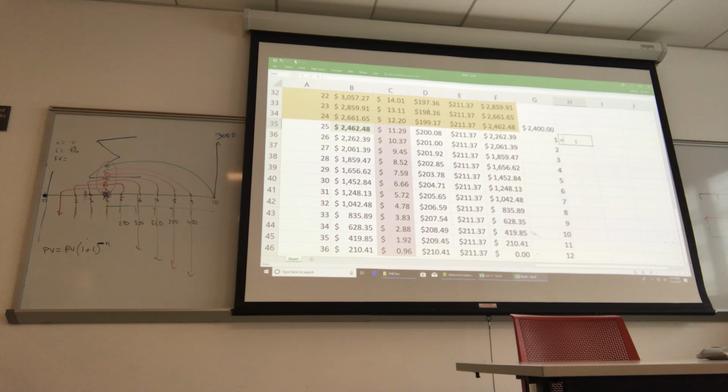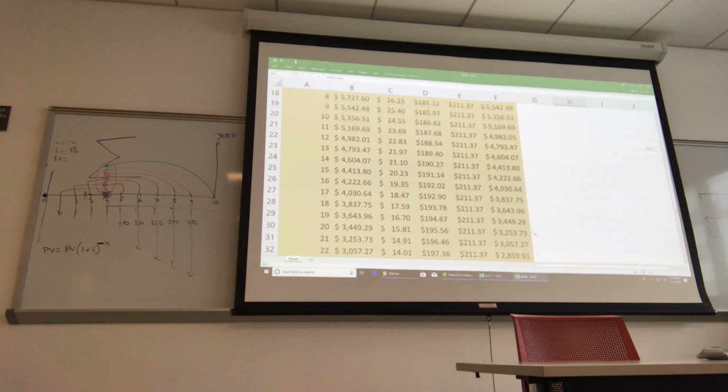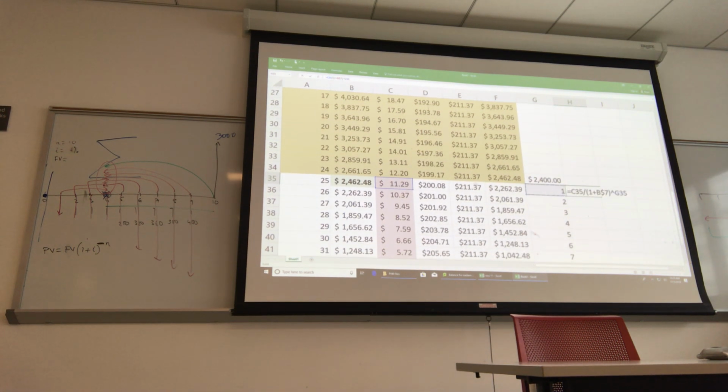I want to find out how much is $11 in 1 plus the monthly rate, for the period of time that is 1 year. That's $11.